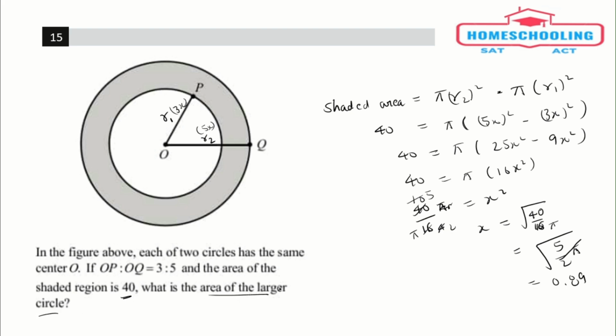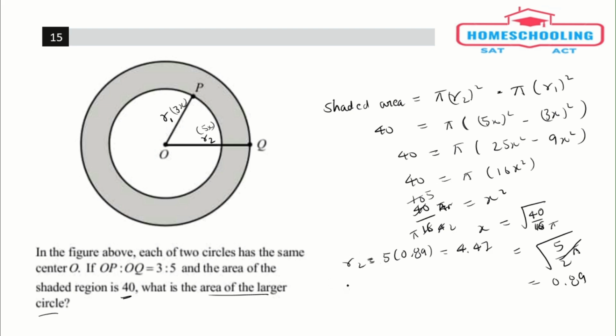First we have to find the radius of the larger circle, that is r2, which is 5x. So 5 into 0.89 would be 4.47. This is going to be r2, the radius of the larger circle.